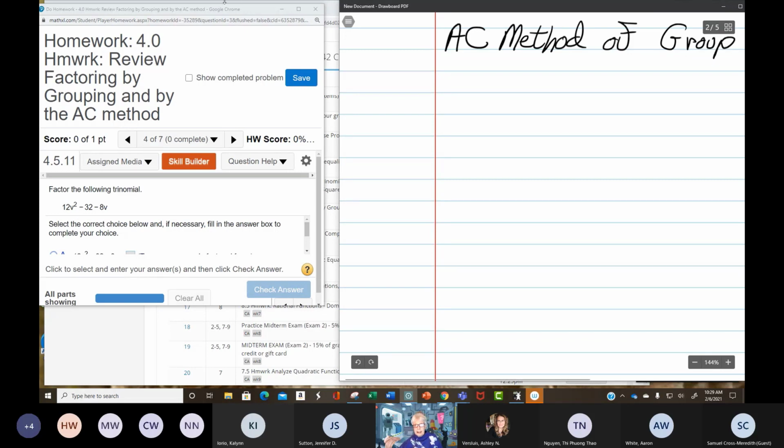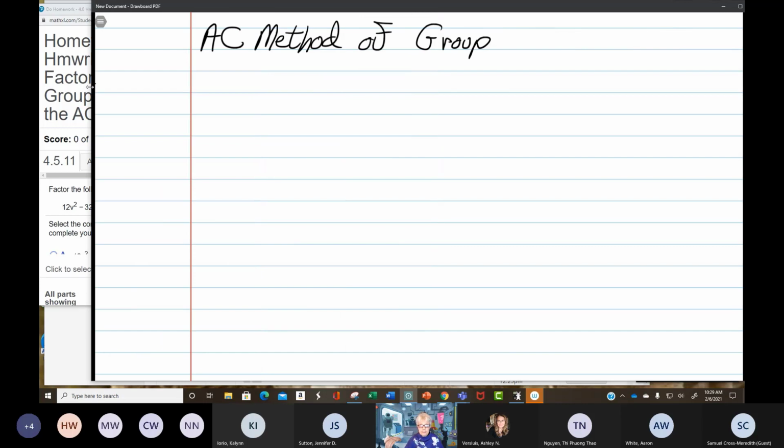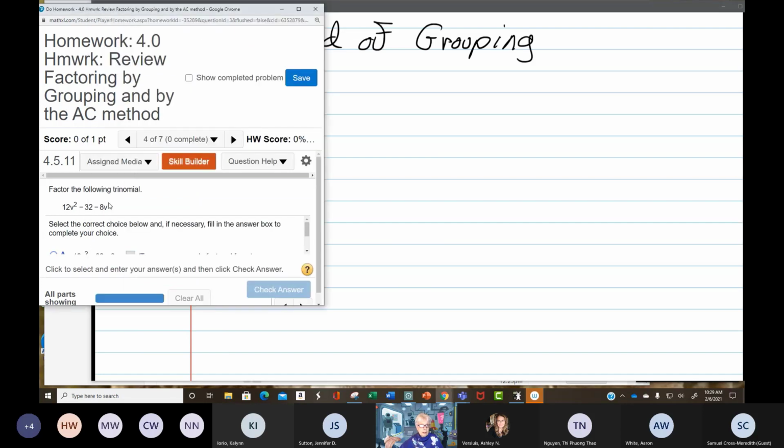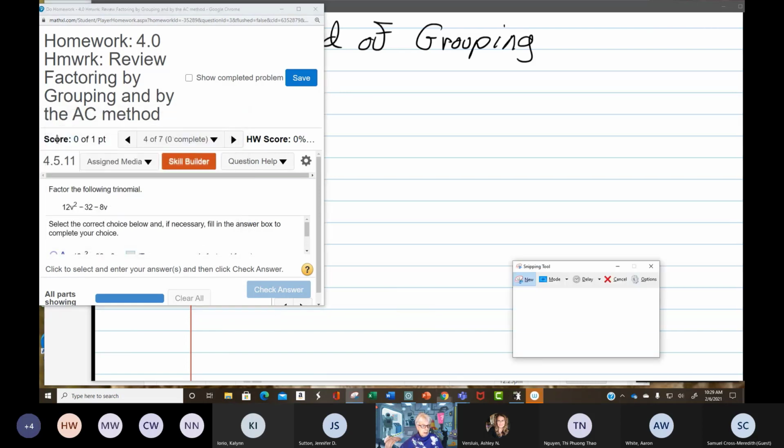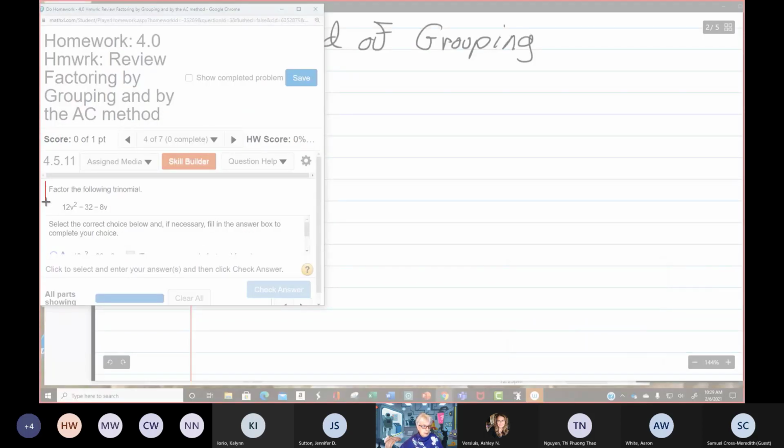The whole matrix thing was just methods. A method. All right, the AC method of grouping. Here is problem number 4.